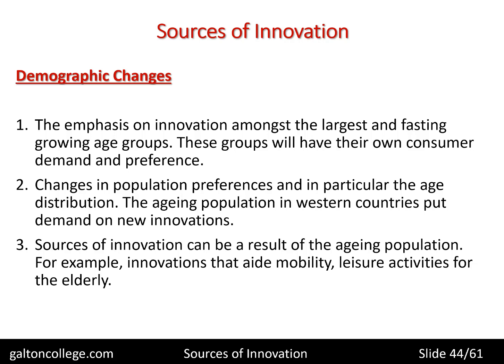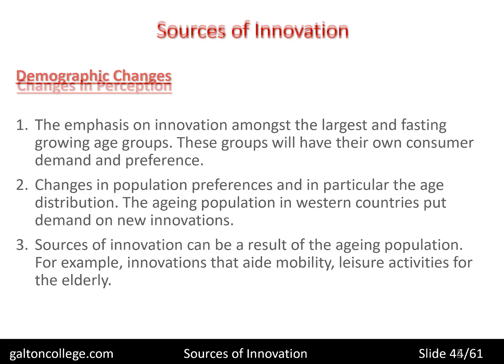But you also have mobility, changes in the design of motor vehicles, mobility in the home, stair lifts, and facilities for older people at home. These are all sources of innovation. Companies are constantly looking to see if they can do better in all of those areas. And this is what's pushing innovation in general.